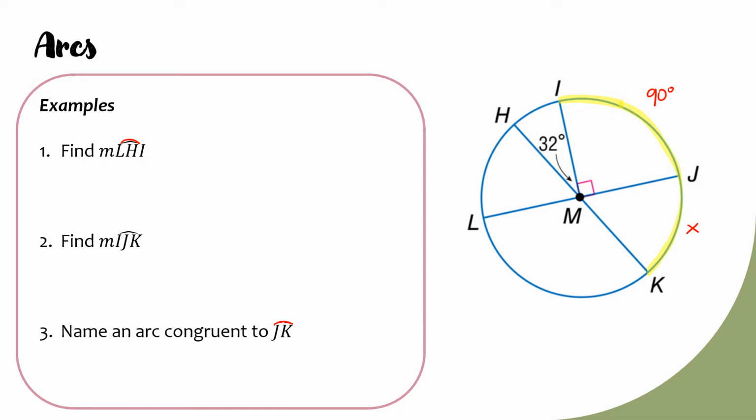Now remember, arc measure corresponds to the central angle measure, so both of these would measure X degrees. I'm going to have you think back to, again, I don't remember which chapter it was, a while back. We have a pair of vertical angles. Vertical angles are always congruent. That is our vertical angle theorem. So not only is arc JK X degrees and angle JMK X degrees, but also, because it is vertical, angle HML is X degrees.